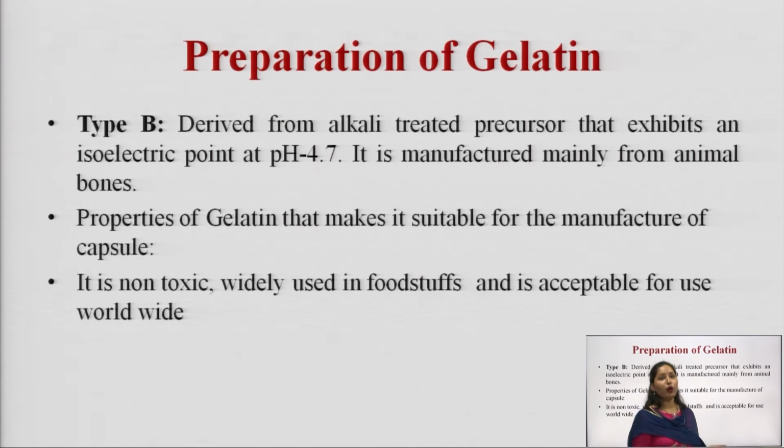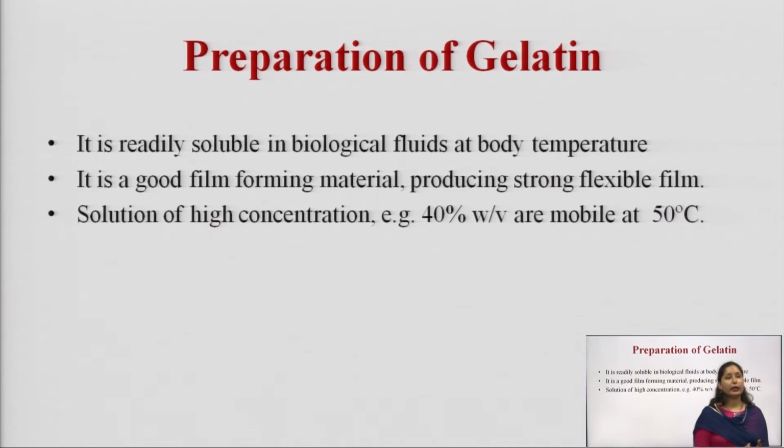It is non-toxic in nature, that means it is inert. It does not create any problem or irritation on getting inside your body. So, the first property is that it should be non-toxic in nature. Then it is easily soluble in biological fluid at body temperature.